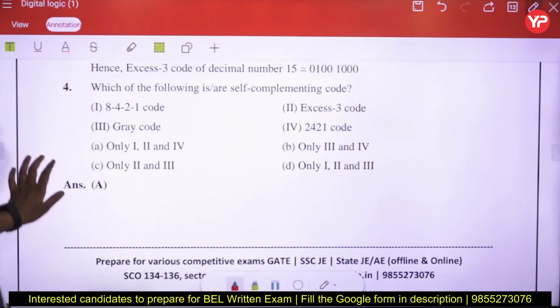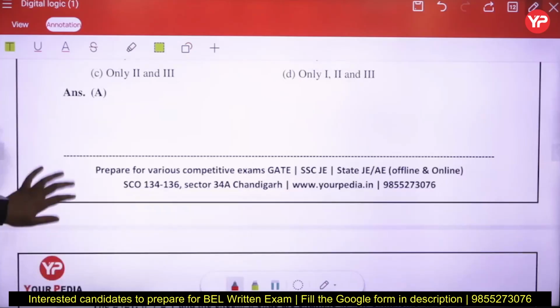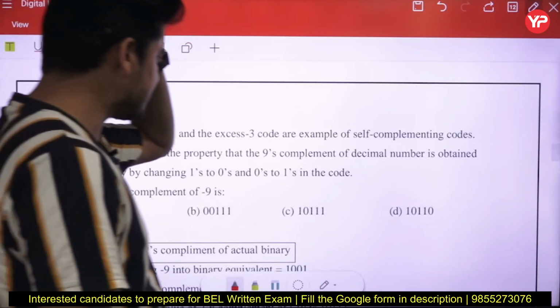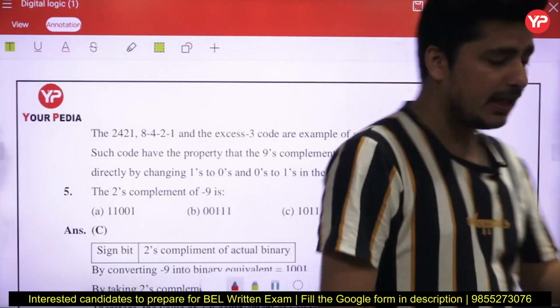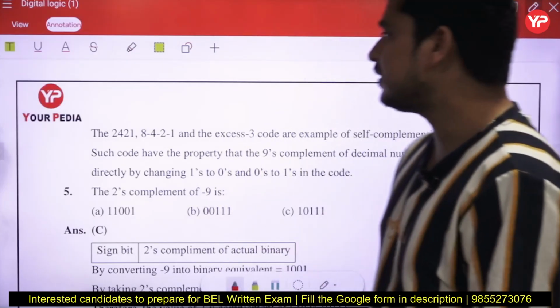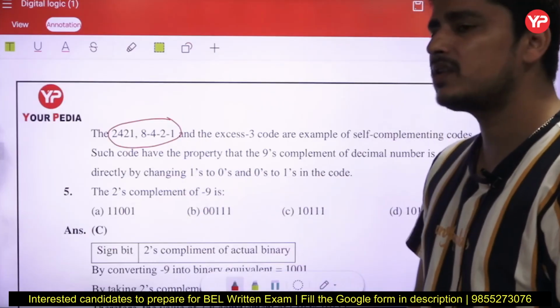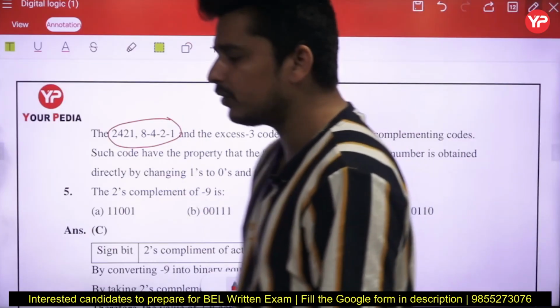Okay, which of the following is a self complementary code, right? Basically 2421, 8421 and excess 3 are examples of self complementary codes. See, basically if you have a weighted code like this, these are called weighted codes.